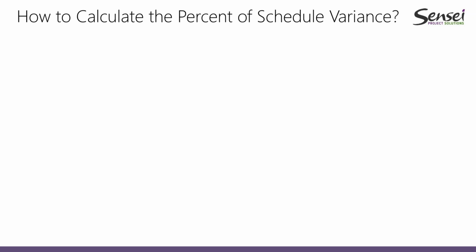That's the reason the percentage of schedule variance is very important, because it provides a measure to understand how big our variance is.